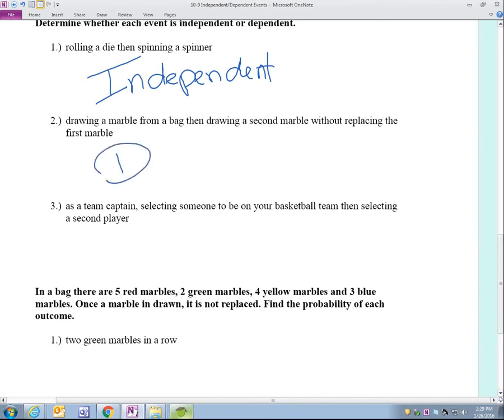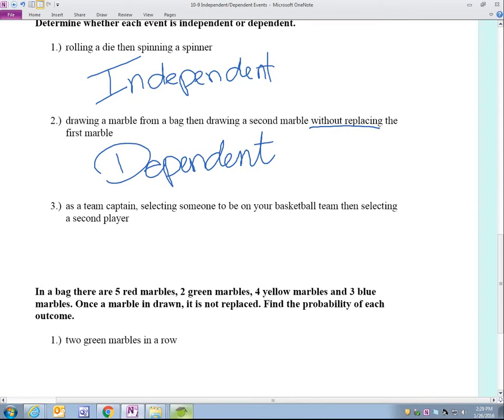Dependent, and I'll show you exactly where that dependence happens. Without replacing. That's the biggest part right there. Without replacing, that means that there's going to be a different amount of things in the bag. Remember what I said at the beginning? There's always going to be some little bit of extra rule when it's dependent. It's going to be something that they're going to tell you to fill you in.